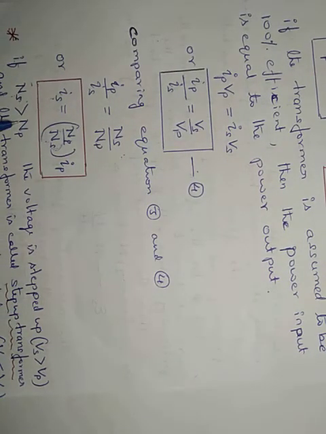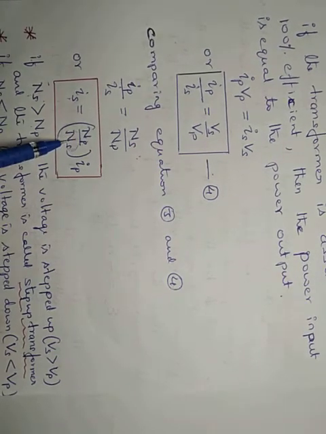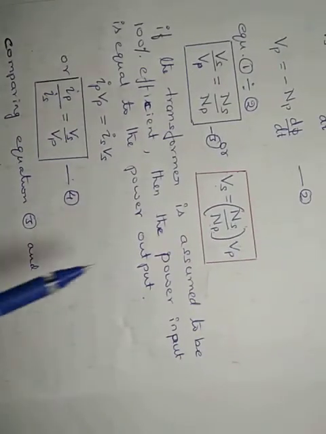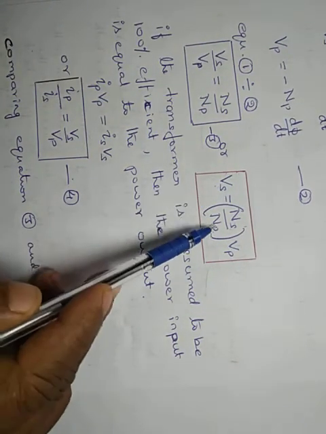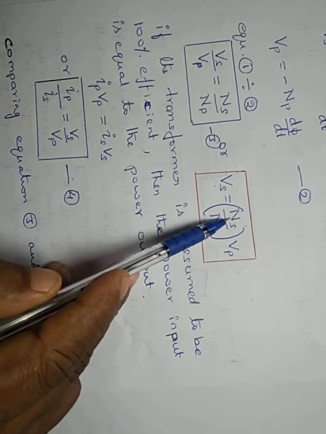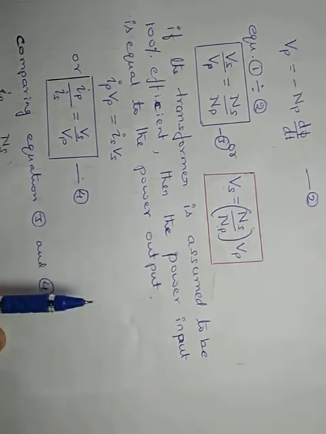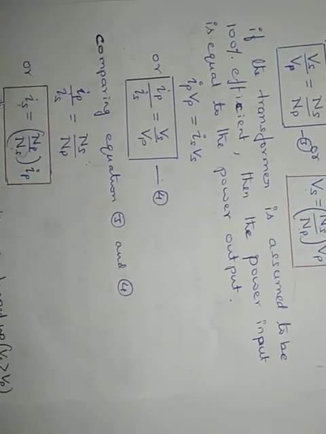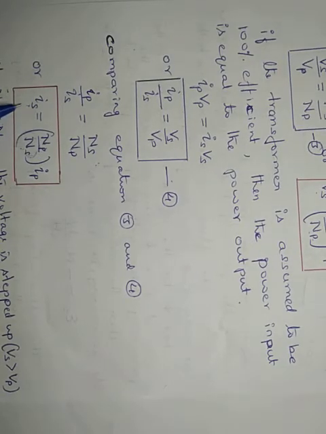If Ns is greater than Np, you will get less output current, but more output voltage. See, Ns is here in the numerator part. Similarly, that means a step up transformer steps down the current.